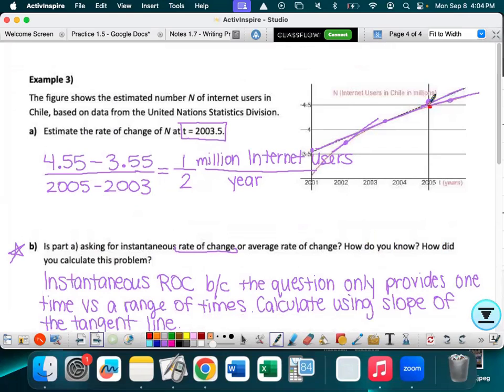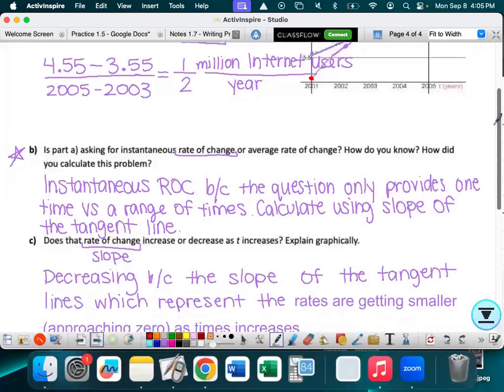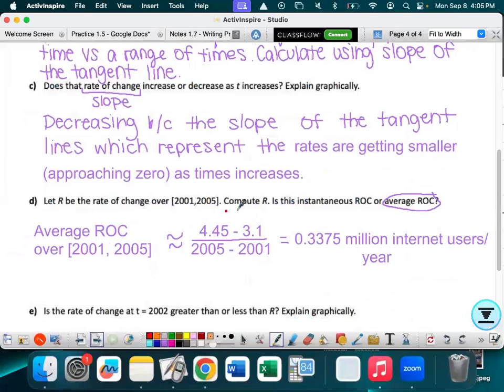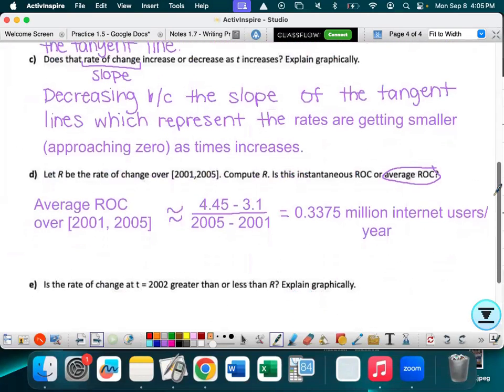The actual number of users here and the actual number of users here. So I went with 4.45 here since it's slightly under this line, and 3.1 since 3 would be at the bottom here. If you had something within a small range of these two values, that's fine. My final average rate of change was 0.3375 million internet users per year. Do not forget your labels when you are doing word problems.